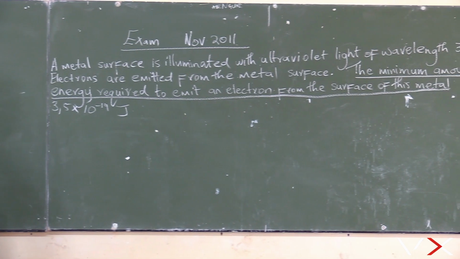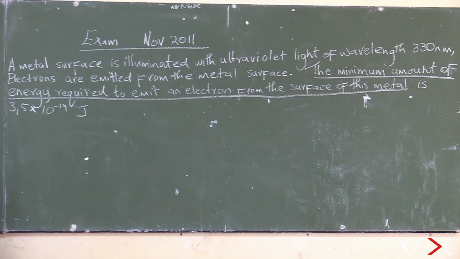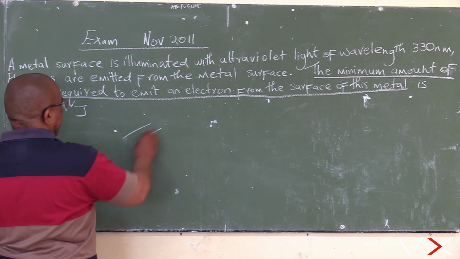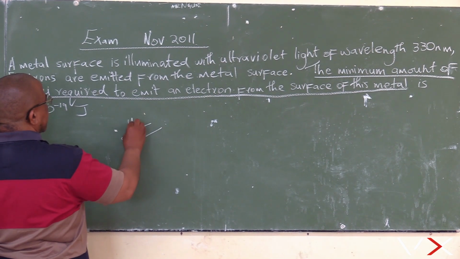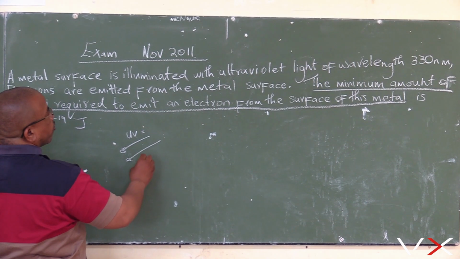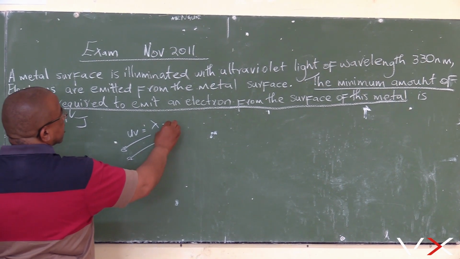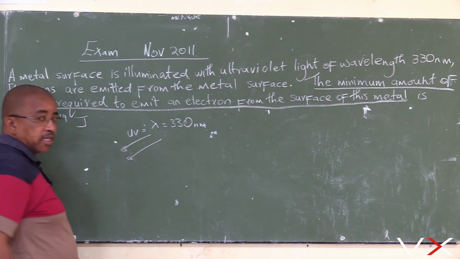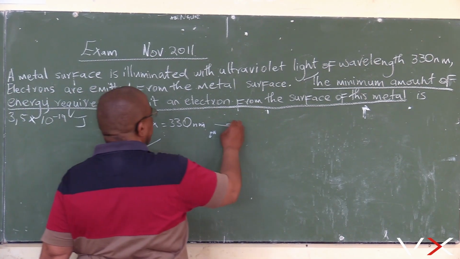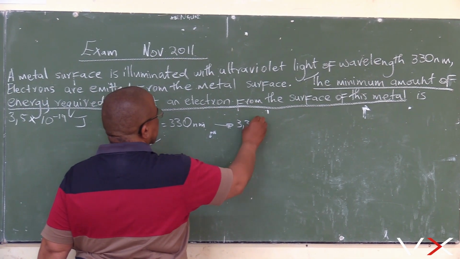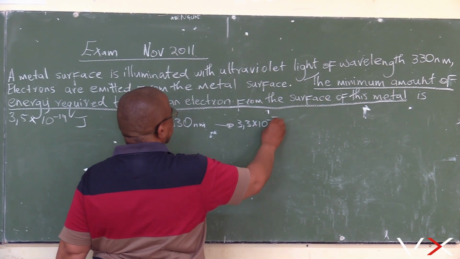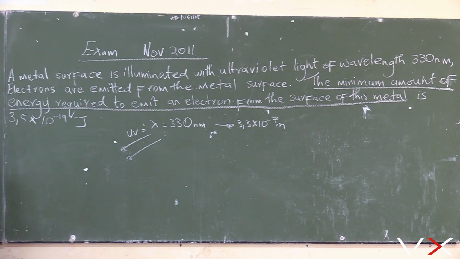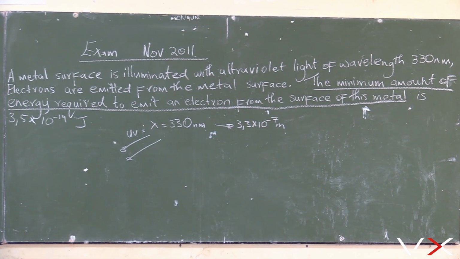So a metal surface is illuminated with ultraviolet light. So we have ultraviolet light, UV, of wavelength. We are given the wavelength of 330 nanometers. 330 nanometers to meters will be 3,3 times 10 to the power minus 7 meters.